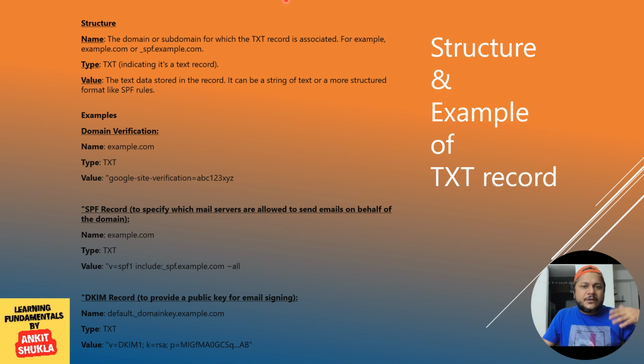It lists the servers which are actually allowed to send emails out of the organization. In the case of SPF, the name would be example.com. Again, the domain name is reflected in the name section. The type of record would be TXT, and then it has a value. Here it reflects the SPF record and how it should be updated as a TXT on your authoritative public DNS servers.